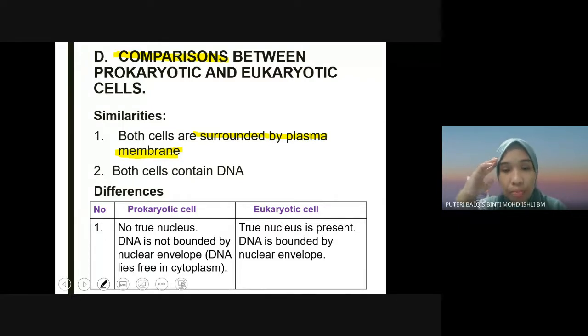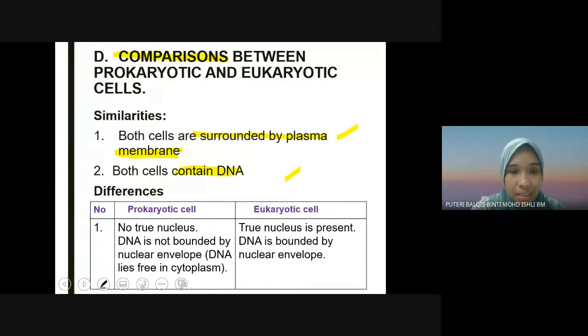And both cells contain DNA. Tak kisahlah DNA linear ataupun circular, tapi dua-dua tu ada dia punya DNA. Alright, so setiap satu point dapatlah satu markah comparison. Always include the similarities. Kalau awak ingat 8 differences tapi similarities awak tak letak, still awak tak akan dapat full mark.